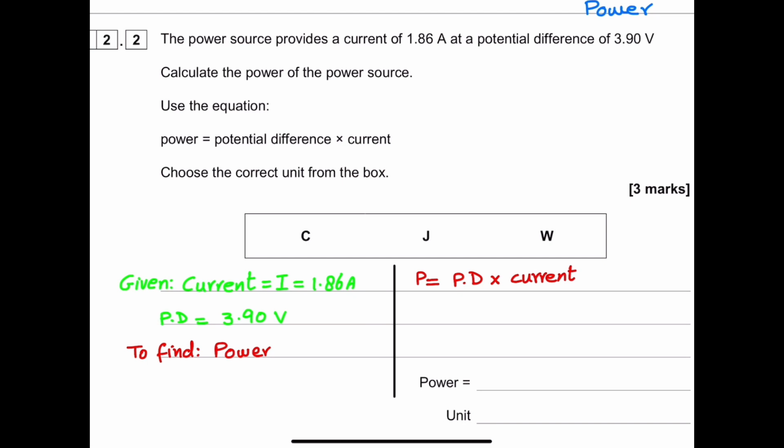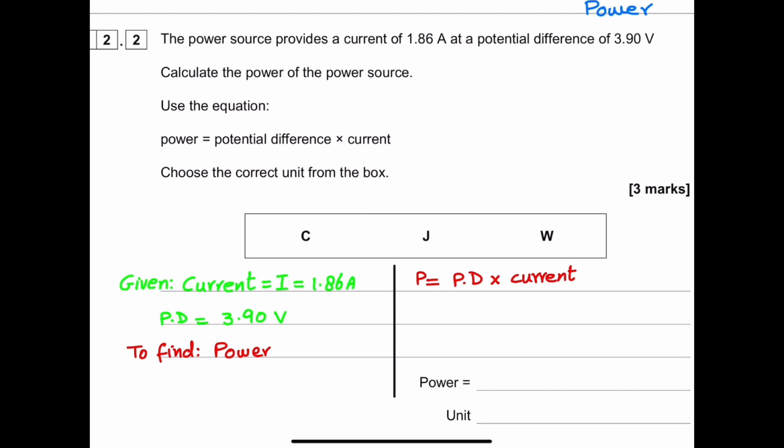We are given here current, that is 1.86 ampere. Potential difference is 3.90, and the student needs to find the power. The formula is already given. Power is equal to potential difference times current.